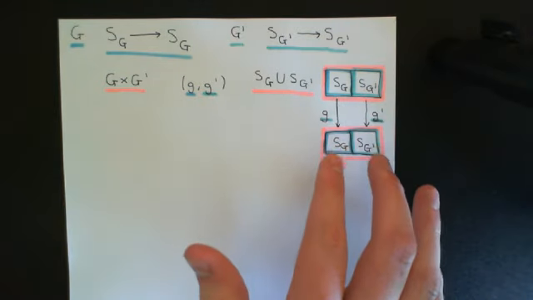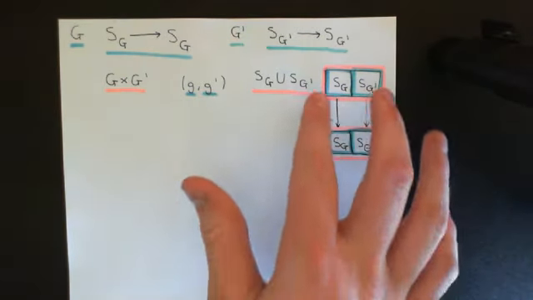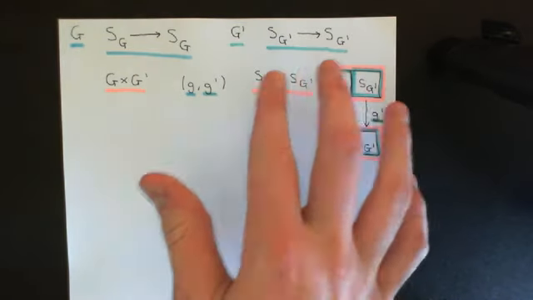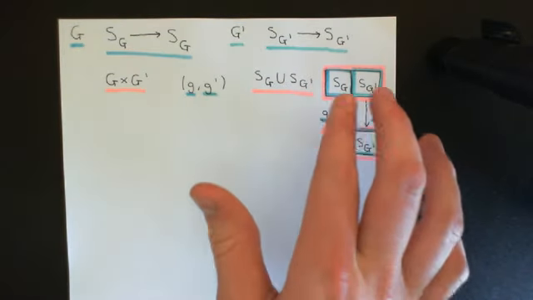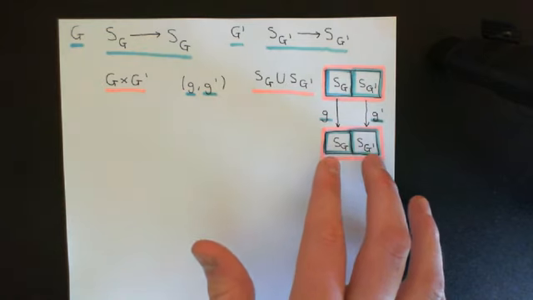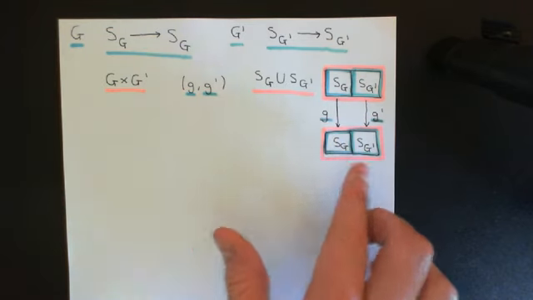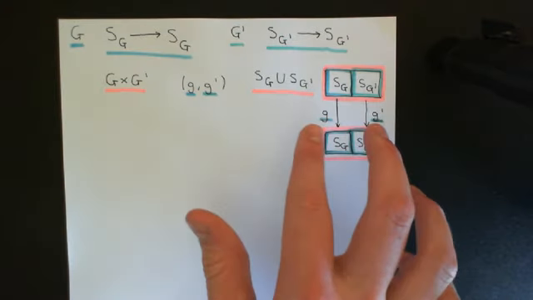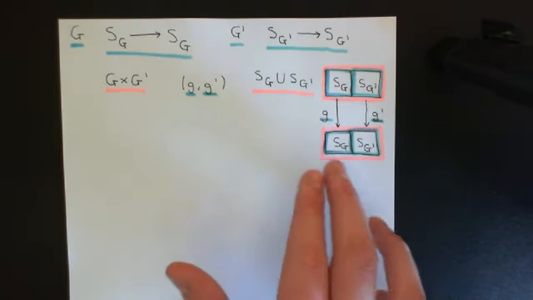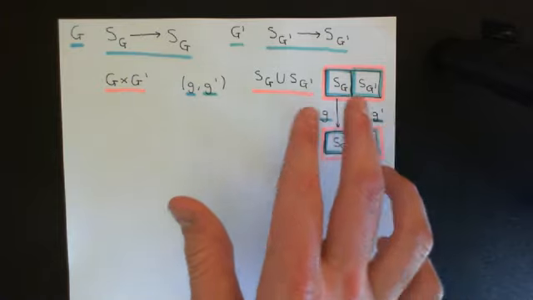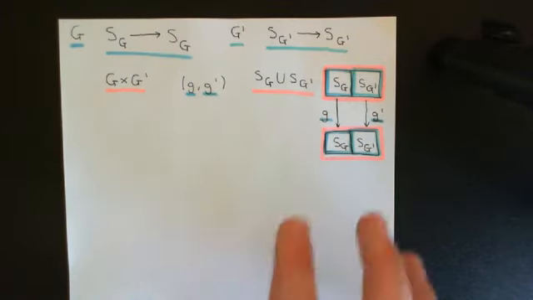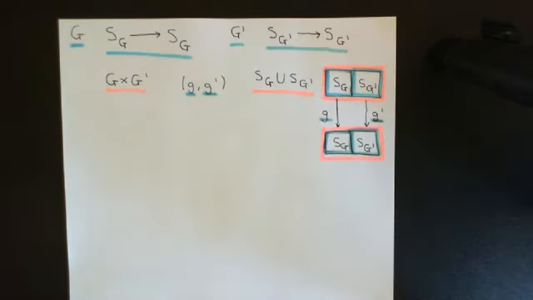Together those will actually create a set permutation of the entire red set. Every element on here will be sent onto an element here, and because both of these are onto, that will mean that this is entirely onto, and because they're both injective, that will mean that this is injective as well. So I'm using both of the elements to create this new set permutation of the union of SG with SG prime.